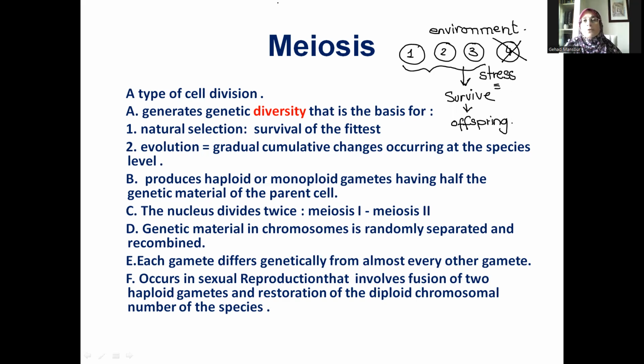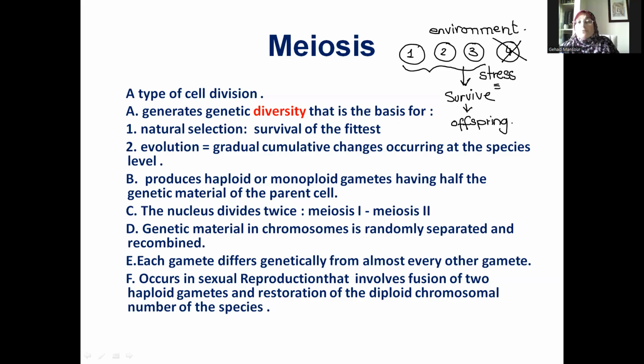And why were they considered the fittest? Because they were the best adapted to the environmental changes, whereas number 4, being less adapted, could not survive, could not reproduce, and was no more represented in the species.